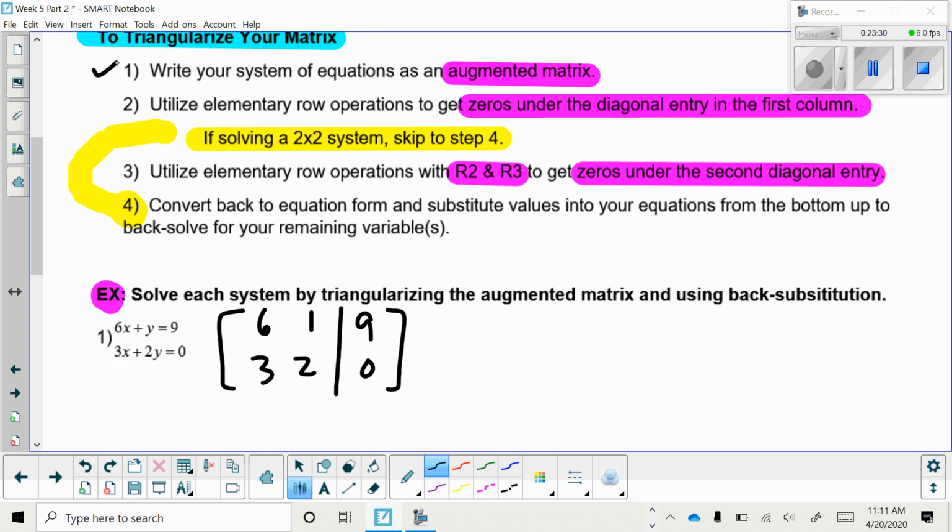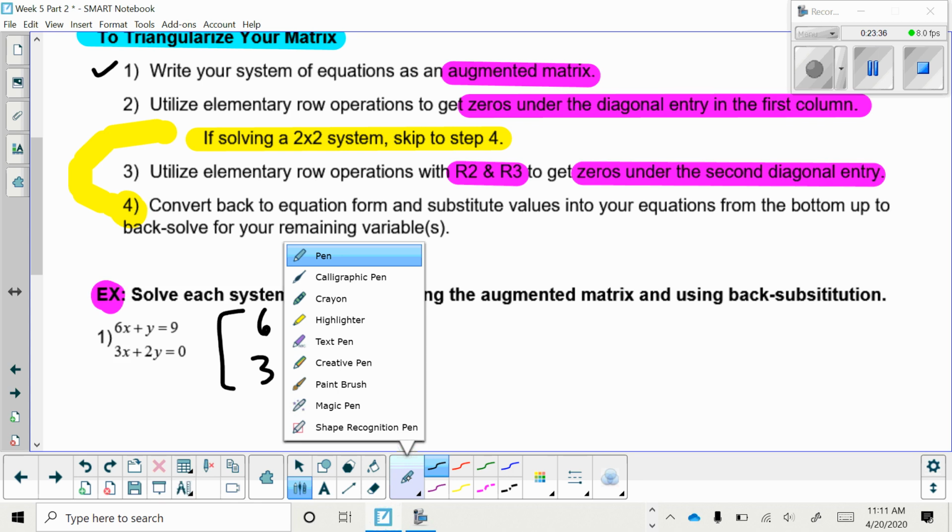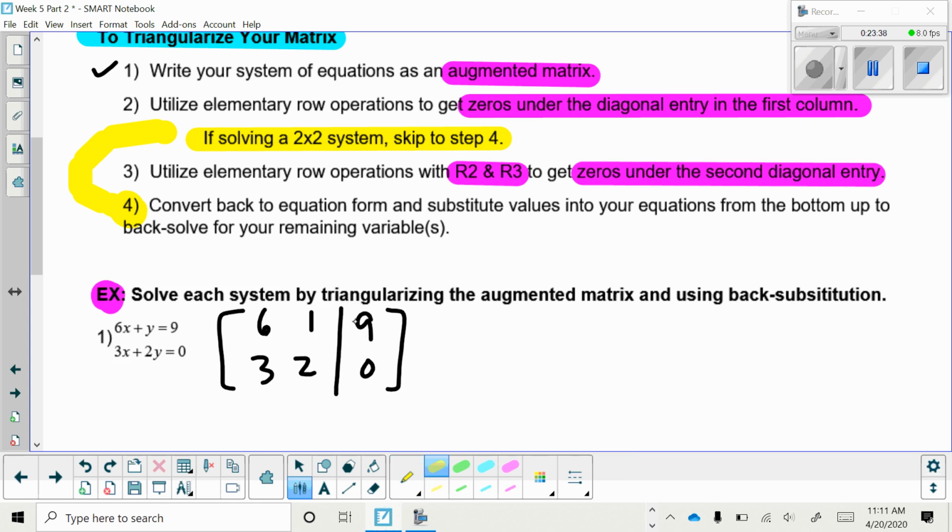Step 2, use row operations to get zeros under the diagonal entry in the first column. All right, well, first of all, here's the diagonal. Second of all, what's the first column under the diagonal? Well, in this case, it's just this.